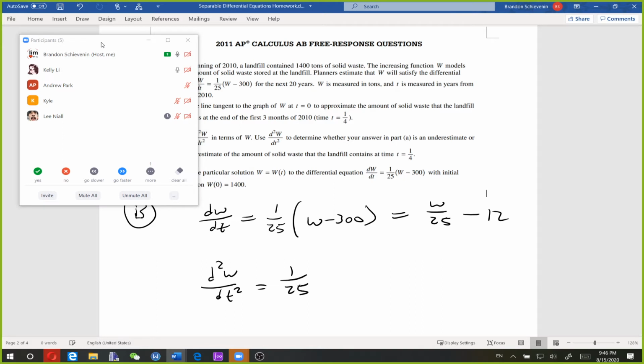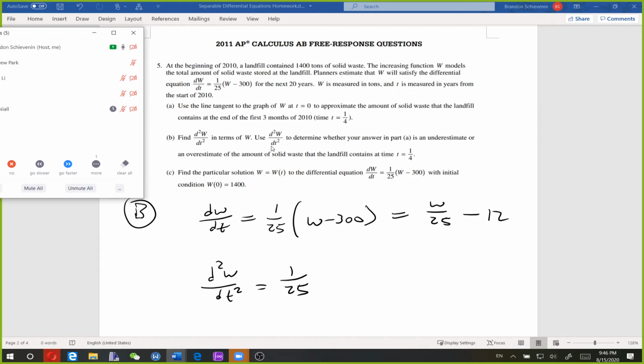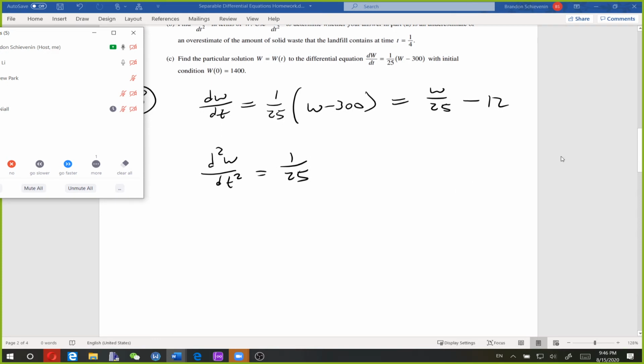One over 25, perfect. Okay, I'm going to stick with you for the next part. I want to use this second derivative to figure out whether my answer for part A was an underestimate or overestimate. I think the easiest way to tell is to draw a graph of what we did last time. Last time we took a point and a slope of our curve and extended that out as a line, and we used that to make an estimate for what would happen after a quarter of a year.